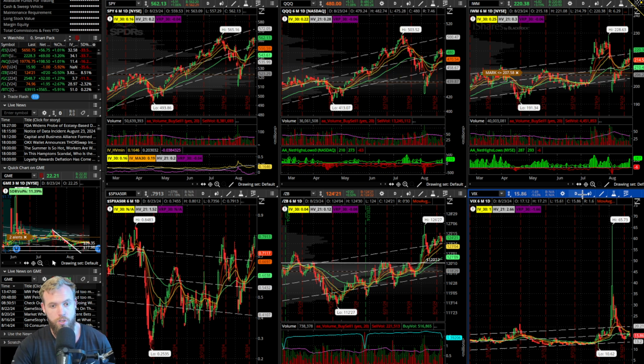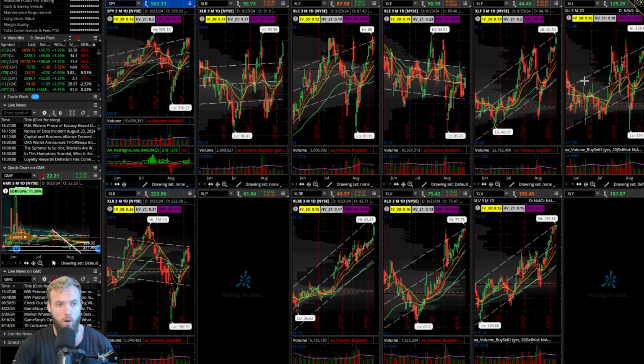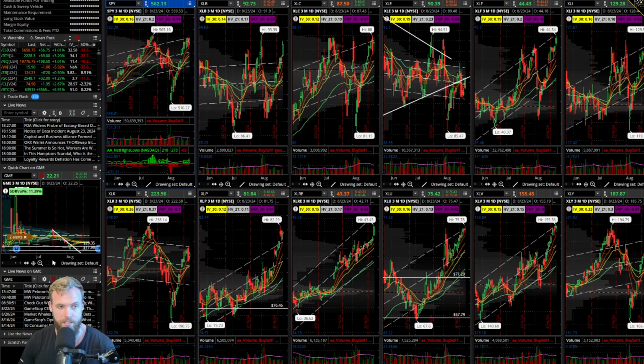Then I can use other tools like this next grid, which lets me look at all of the individual sectors within the S&P 500. So I can see how the S&P 500 is doing here by itself. And then I can take a look at all of the component sectors and see what sectors are doing well, what sectors are not doing well. So like in this case, I can see XLK, which is technology, is actually running negative compared to a lot of other things.